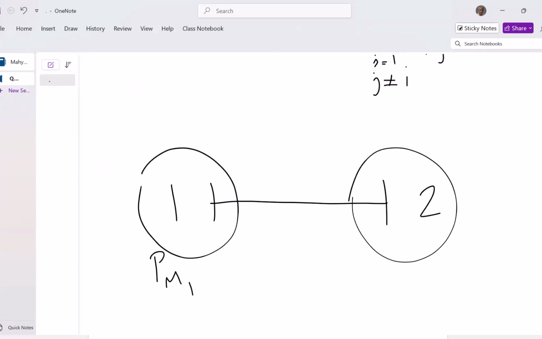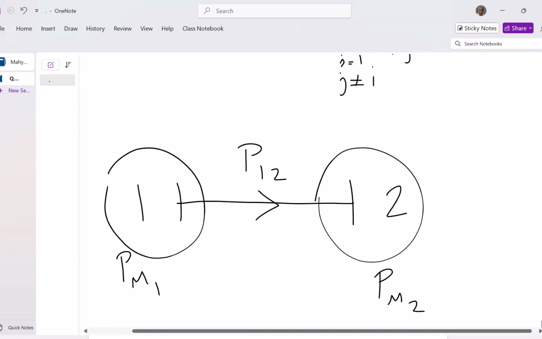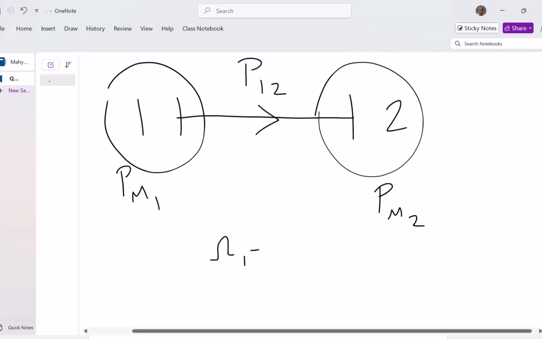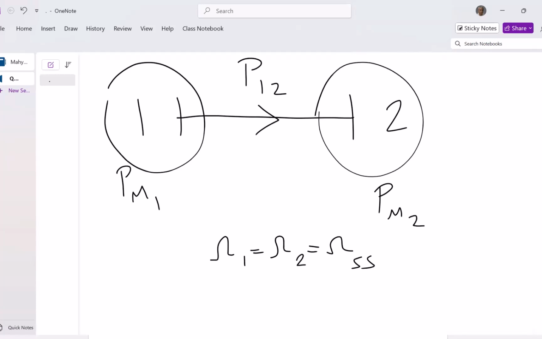P mechanical in area 1, transfer of power from one area to the other area, P mechanical in area 2, all right? Omega in area 1, and omega in area 2, which must be equal to omega under steady state conditions, right? So we have just one omega in the whole system.